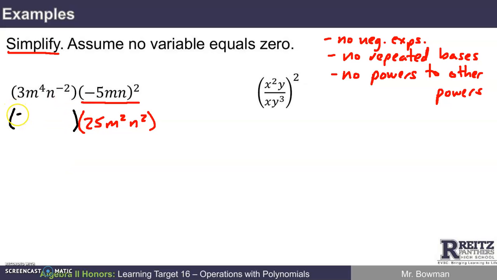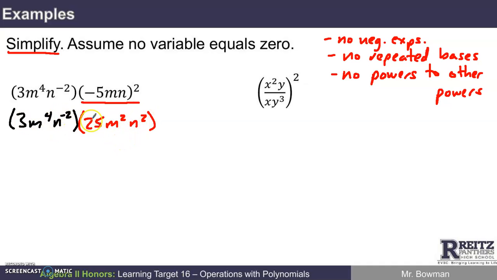If you think about that like the order of operations idea, that you want to deal with exponents first, well, that seems like a really smart way to do it to me. If you see a power to a power, that's a good place to start. So now, after having applied that property, we've got 3m to the fourth n to the negative second times 25m squared n squared.